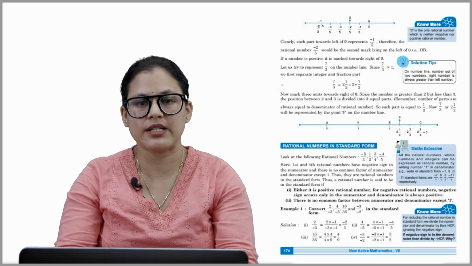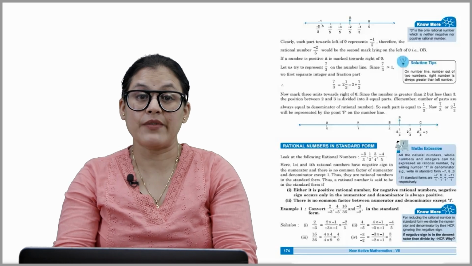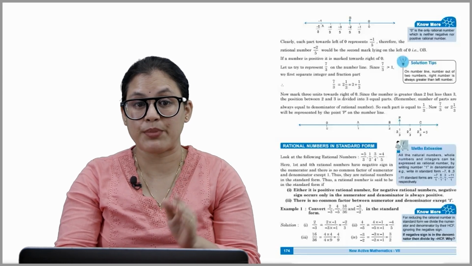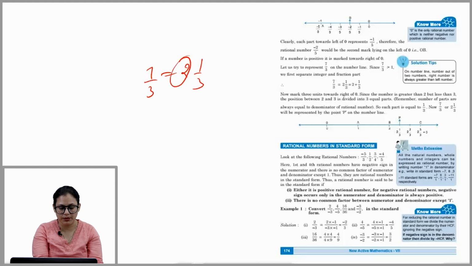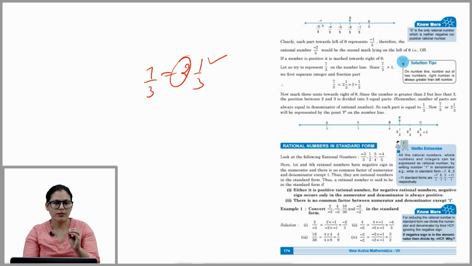Let us try to represent 7 by 3 on the number line. Since 7 by 3 is greater than 1, we first separate the integer and fraction parts. So 7 by 3 is 2 and 1 by 3, where 2 is the whole number and 1 by 3 is the fraction. Now mark 2 units towards the right of 0, because this is a positive number. Since the number is greater than 2 but less than 3, the portion between 2 and 3 is divided into 3 equal parts.